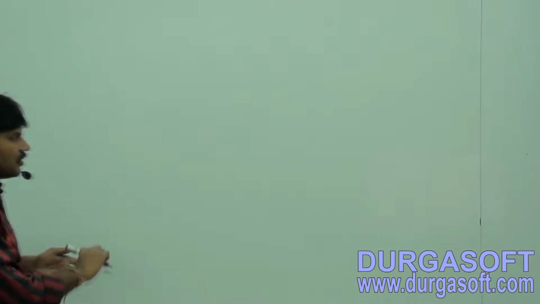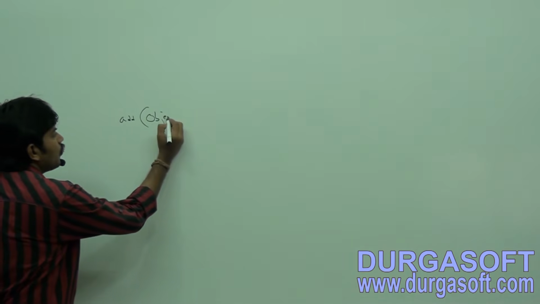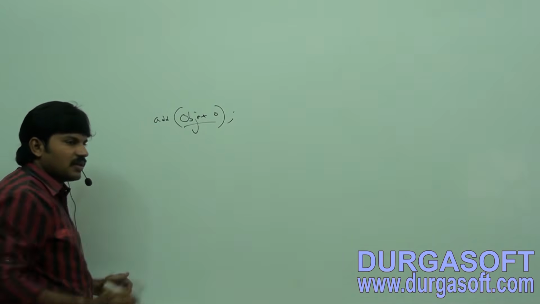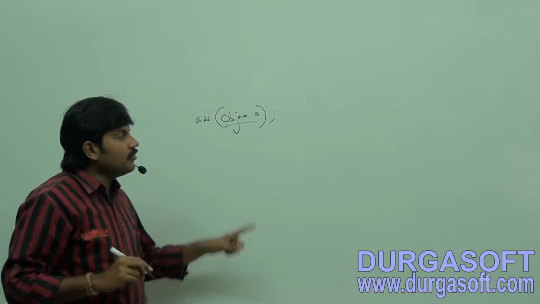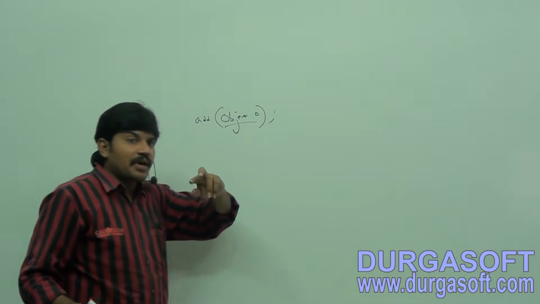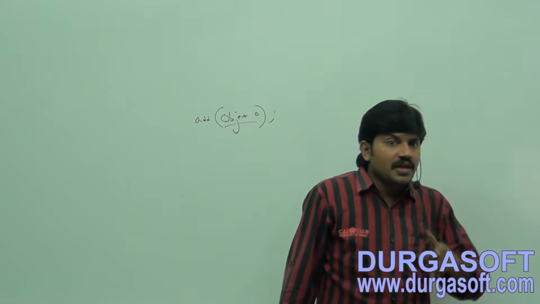So the map interface defines some special methods, map specific methods. In the case of collection, if I want to add an object, which method do we have to call? The add method, right? The add method can take which one as the argument? Only one object, because in the case of collection it is a group of individual objects. But you can't use this method for the map, because a map is nothing but key value pairs.